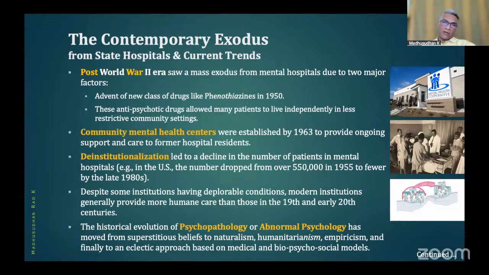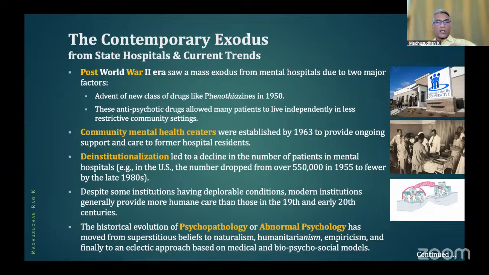For example, because they were using drugs and were able to cope with the situations and conditions, they were not restricted to the state-owned hospitals. They were given treatment at home, community centers, or by caregivers. So many hospitals were vacated at that particular moment, especially in the 1960s to 1980s.